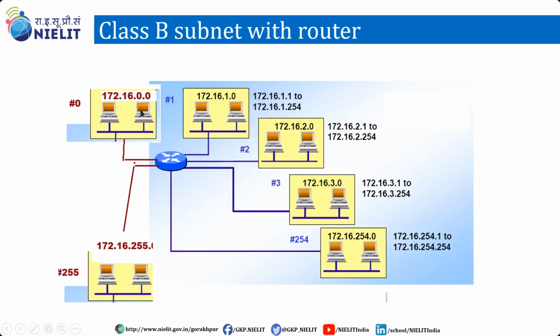Suppose now we have 256 separate independent blocks, so all these networks are independent networks. All these 254 hosts are connected with the help of a switch, and further it is connected with the help of a router. Accordingly, ACL rules or firewall rules are defined inside this device.